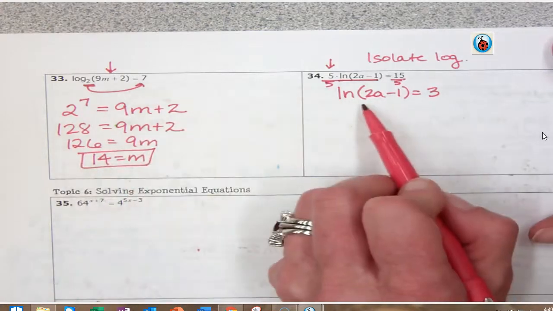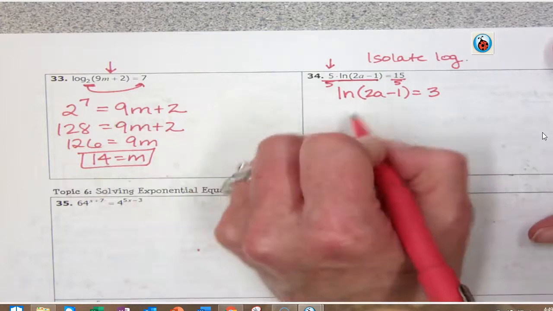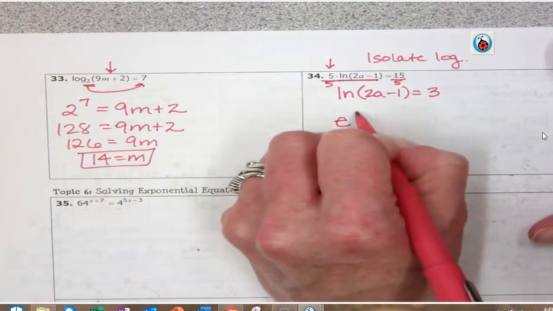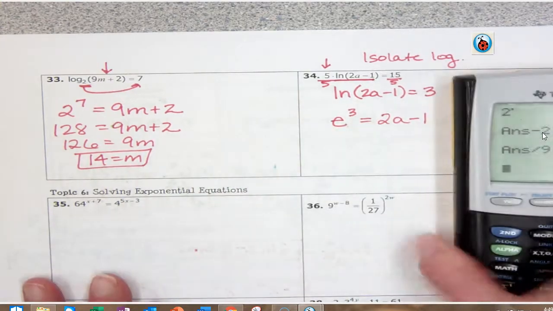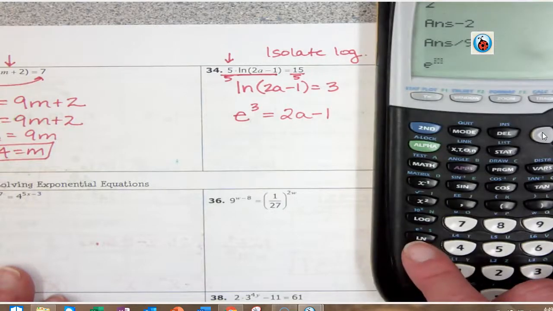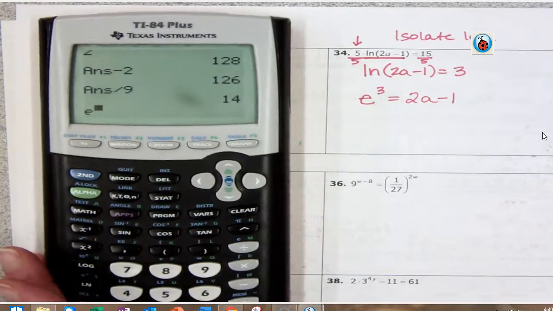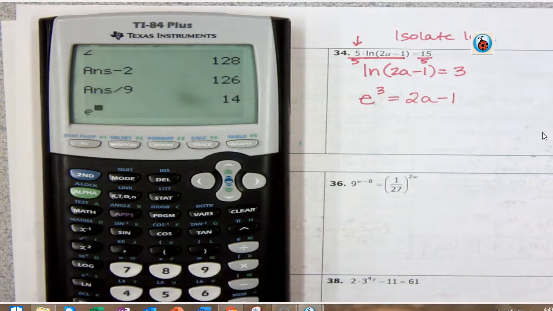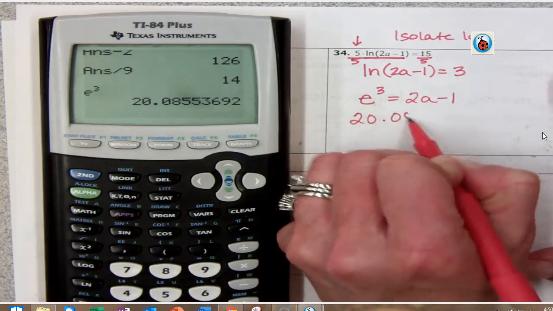Now I have a log equal to a number. What's the base? e. So I've got e raised to the third power equals 2a minus 1, and remember e is a number. I can take the calculator and go into second, right here, second here. Oh, I can't get this on the screen very well. e raised to the third power, and that's going to give me 20.086.